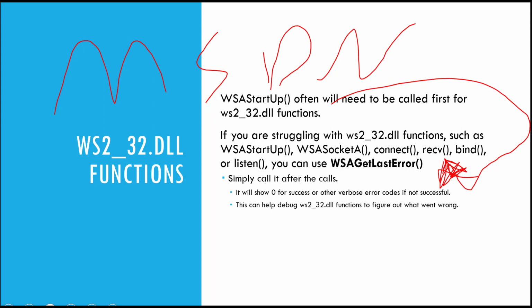You can also find other examples either from MSDN or elsewhere. If you are struggling and running into problems, you can also use WSAGetLastError. If the output is 0, that means you did a good job and it worked. But if you get other error codes, then you'll have to look them up, and that will give you insights into what's going wrong.